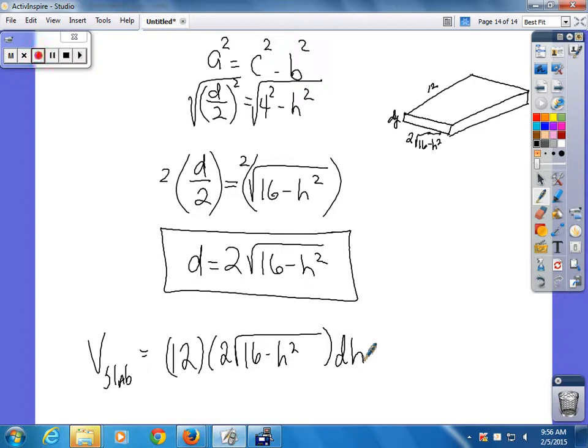And that 12 times 2, that's 24. And then what's our density? I guess it's gasoline. What did I tell you it was? 42. And then you're going to put it all together and set up your integral.